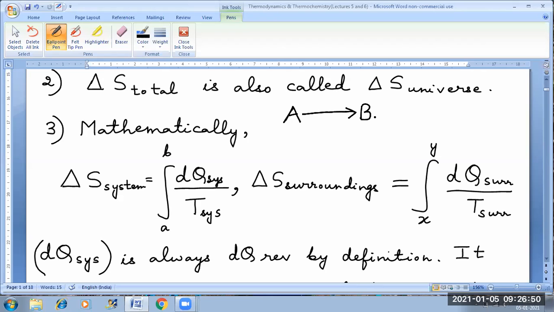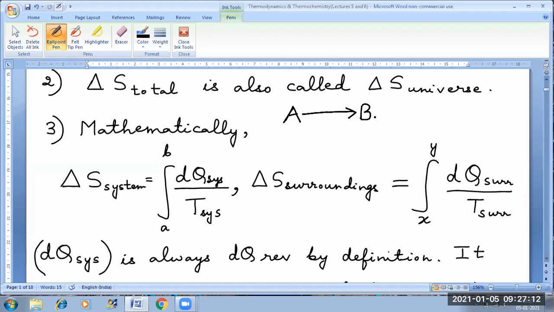Irrespective of whether the actual process is reversible or not, I have to always choose a reversible path between A and B in order to calculate the value of dq system.